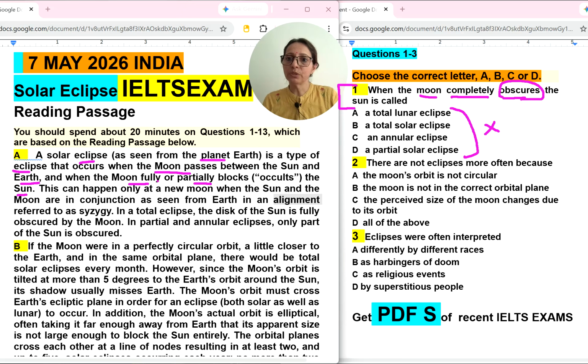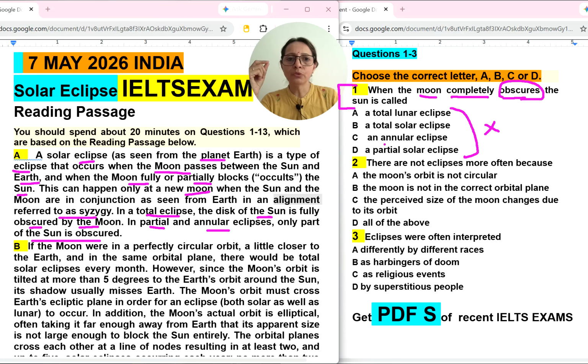Completely means fully. This can happen only at a new moon when the sun and moon are in conjunction seen from the earth in alignment. In a total eclipse, the disk of the sun is fully obscured by the moon. In an annular eclipse, only part of the sun is obscured.